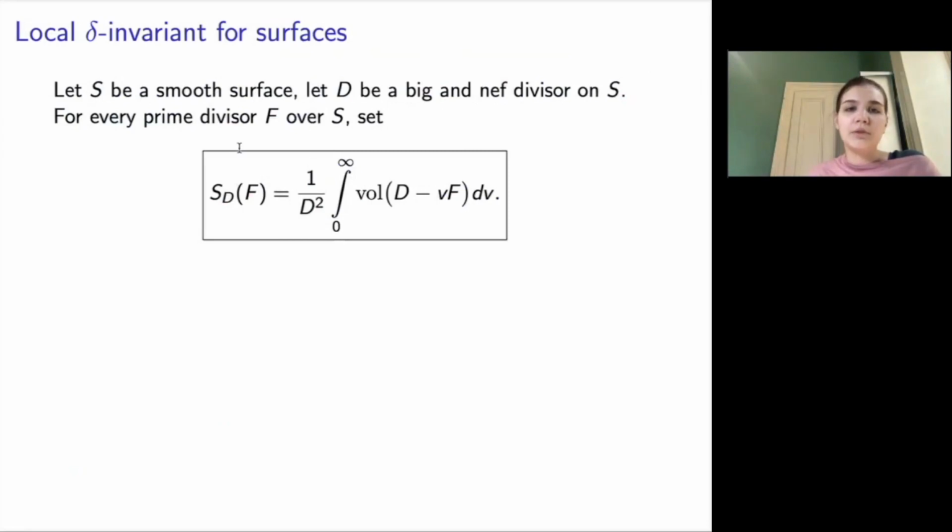Then for every prime divisor over this surface, we can define a similar kind of S invariant as we did before. So here we have 1 over our big enough divisor on S, and here we have the volume of the divisor D minus vF for every prime divisor F over S. To compute the volume, we need to compute the positive and negative parts of the Zariski decomposition of this divisor.